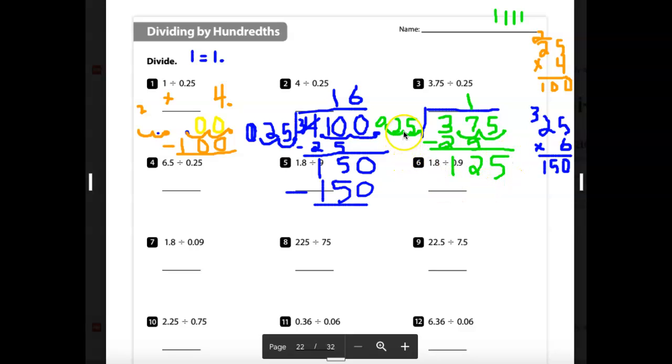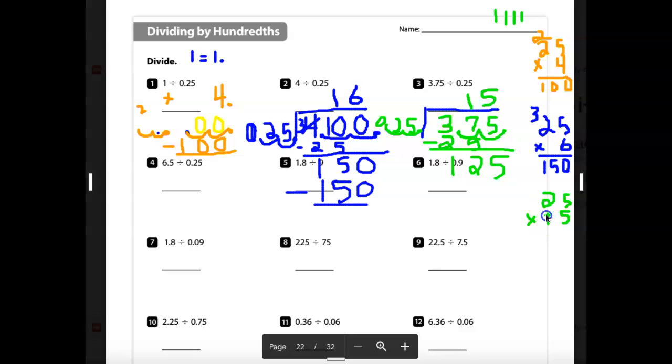All right. So how many 25s are in 125? Well, we know that there's 4 in 100 and 6 in 150. So I think we're safe to say 5 here. So you can write it out like this to find out what you get. 25 times 5.